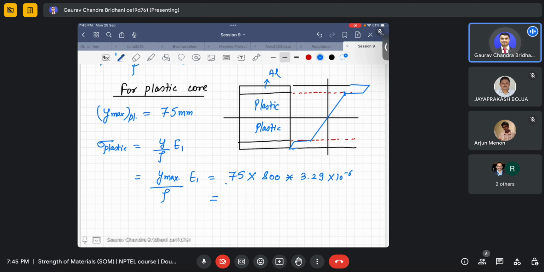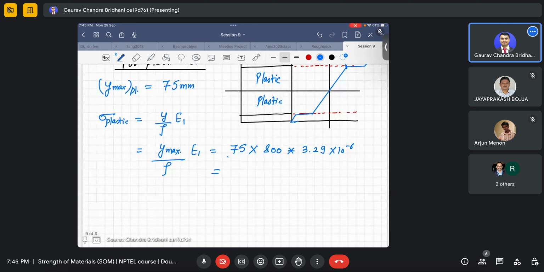So what will be this quantity? Can somebody tell? Yeah, 1 by rho has to be multiplied, not divided. 1 by rho is 3.29 into 10 to the minus 6.